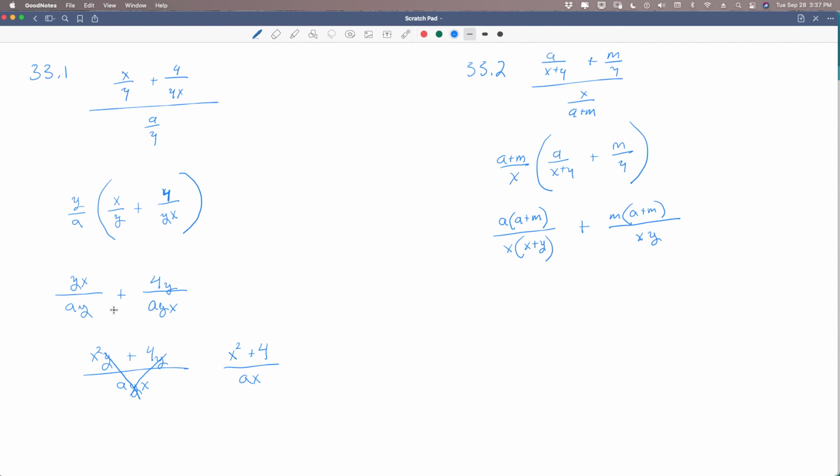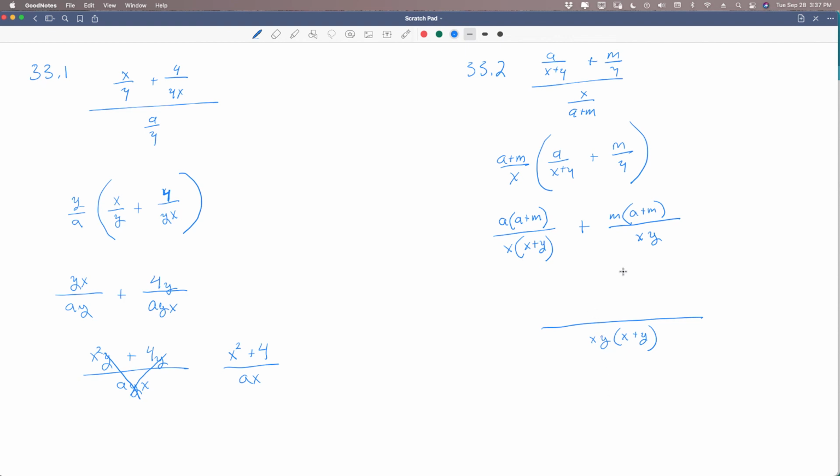All right, now because we're on this step right here, and I remembered that I could have factored something out, I'm looking for that now. I don't see anything here that I can factor here, and I don't see anything here I can factor here. So I'm just going to go ahead and multiply. I'm going to find a common denominator, and that's going to be xy times x plus y.